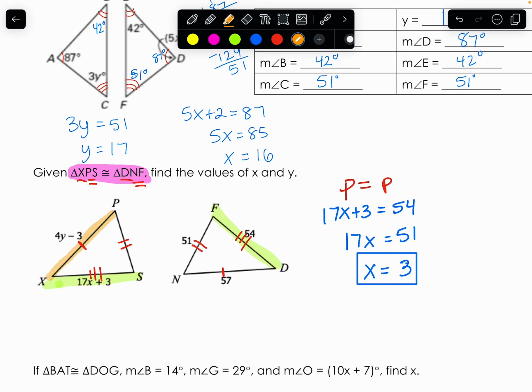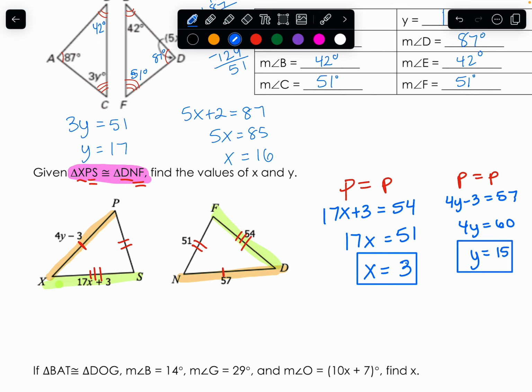So Y is here, 1 tick mark, matches with 1 tick mark. And that's it. That one was pretty easy. Let's do another one.